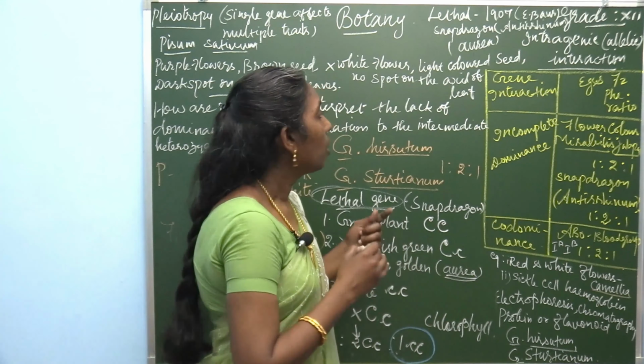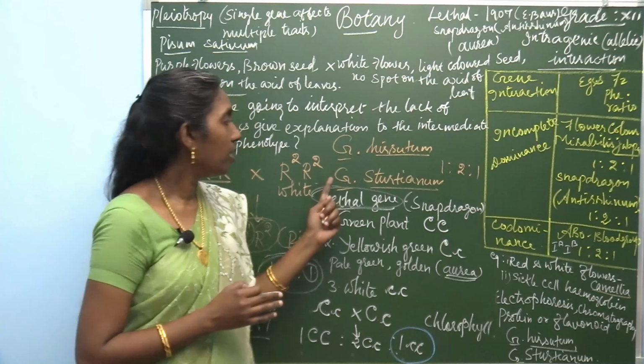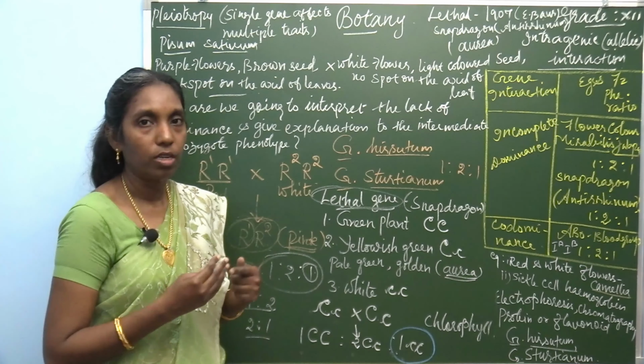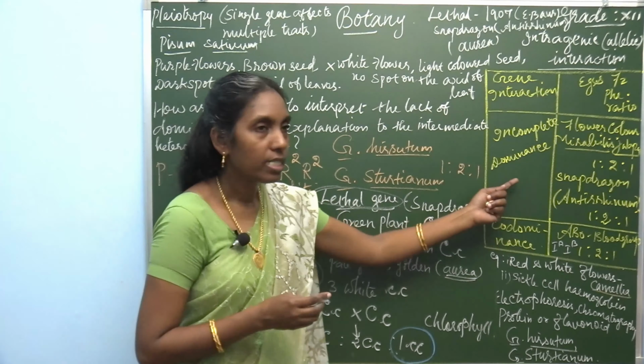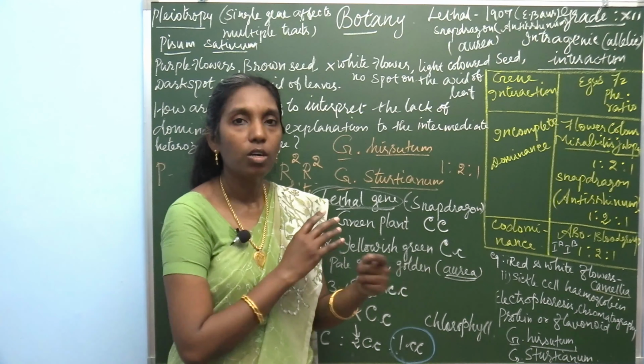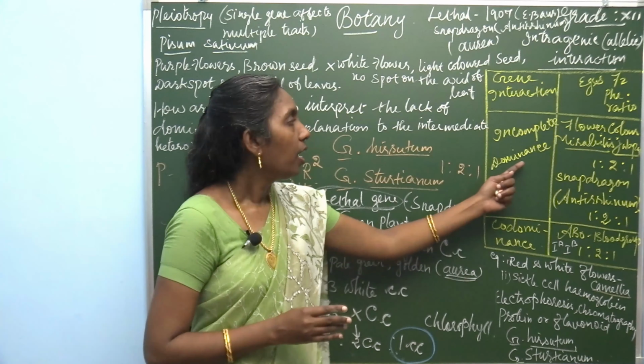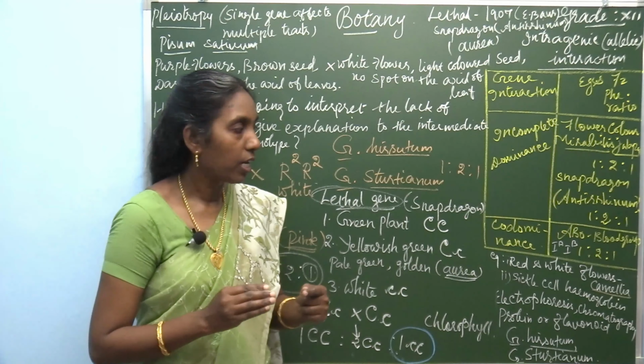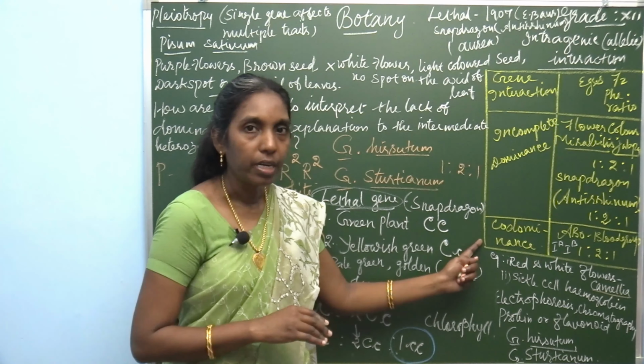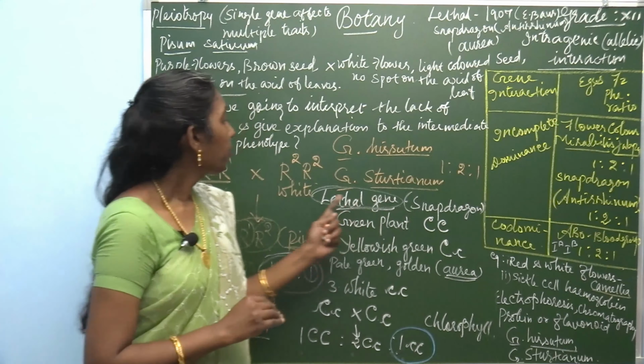Incomplete dominance, codominance, lethal gene, pleiotropy: 4 different topics you learned today. Incomplete dominance, the molecular explanation. Learn all these 4 questions very clearly. Codominance, what's the example? Then lethal gene, what's the example? And pleiotropy. What's the difference between incomplete dominance and codominance?